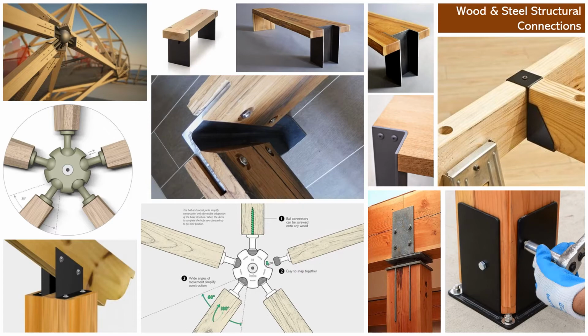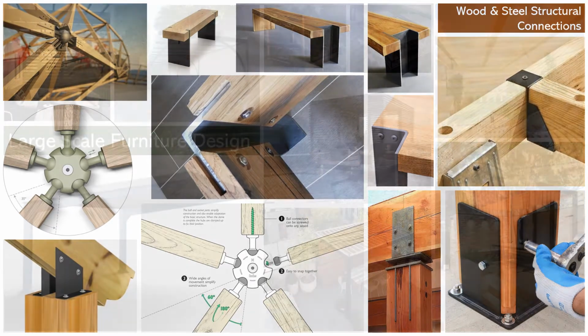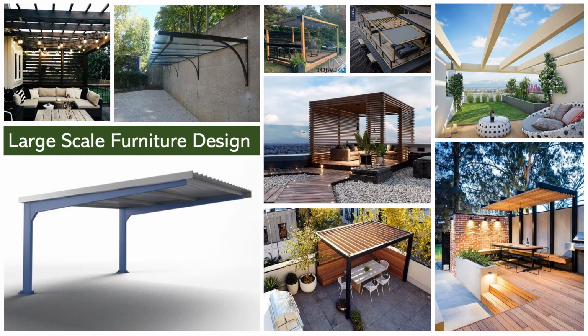A few of these I have actually taken inspiration from, especially this slide here where I took inspiration from these type of gazebos and pergola type structures, as you'll see further on in the presentation.